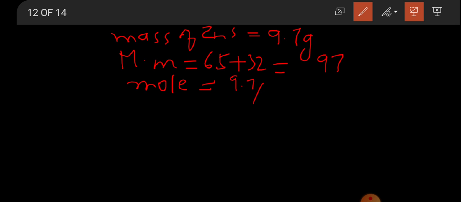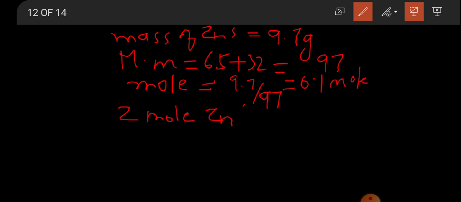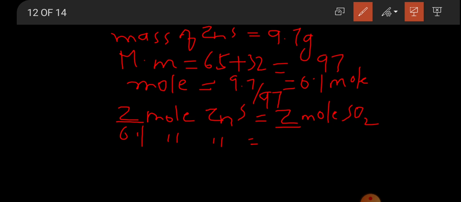Mass over molar mass, that is equal to 0.1 mole. According to balanced chemical equation, if 2 moles of zinc sulfide are used, then 2 moles of sulfur dioxide are produced. If 0.1 mole of zinc sulfide is used, then how many moles of sulfur dioxide are produced? 2 divided by 2 multiplied by 0.1. So 0.1 mole of sulfur dioxide will be produced.